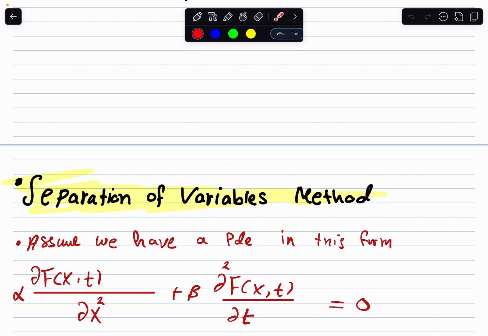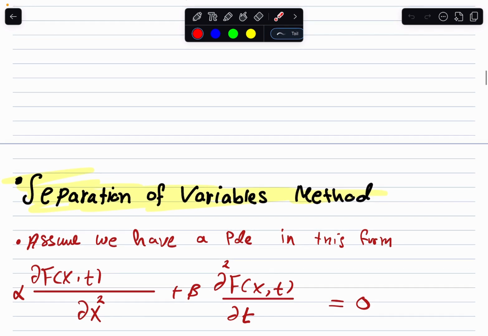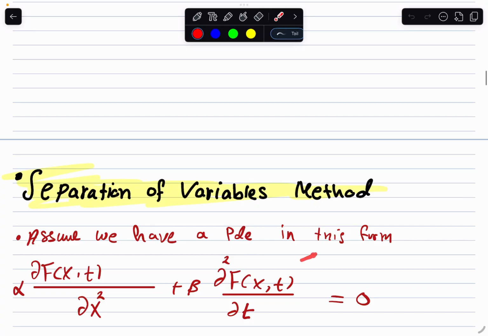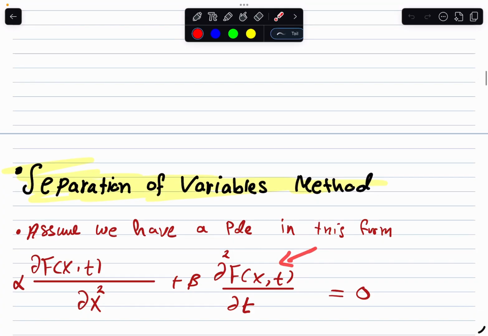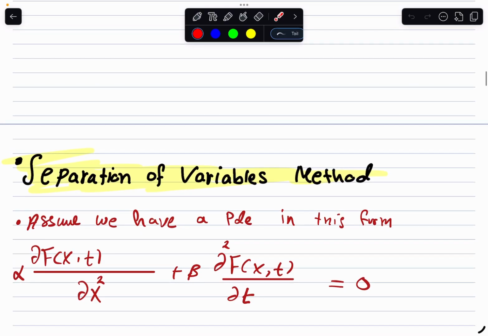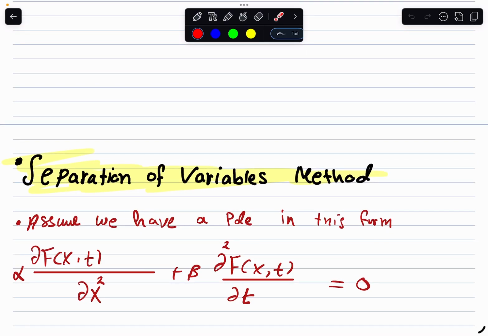I will not discuss the details, so go and search what we mean by linear, but it should have a specific shape such that we can apply the separation of variables. So this is just a random shape, and we have a multivariable function depending on x and t, and we have, of course, the partial derivatives in x and the partial derivatives in t.